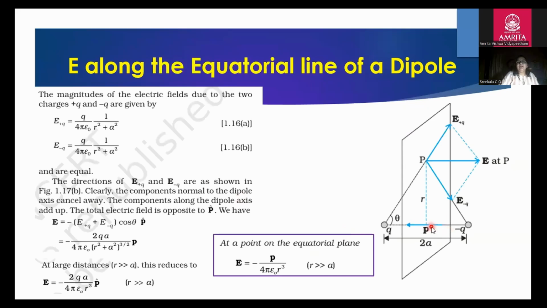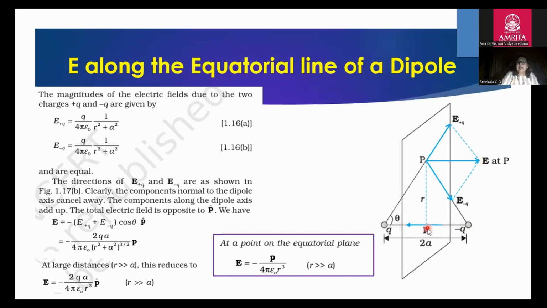Yes, the negative sign is because, here you can see, the direction of the dipole is from minus Q to plus Q. The resultant electric field intensity is along the right side of the screen. If two vectors are in these two directions with angle 2 theta, the diagonal will give the resultant vector.